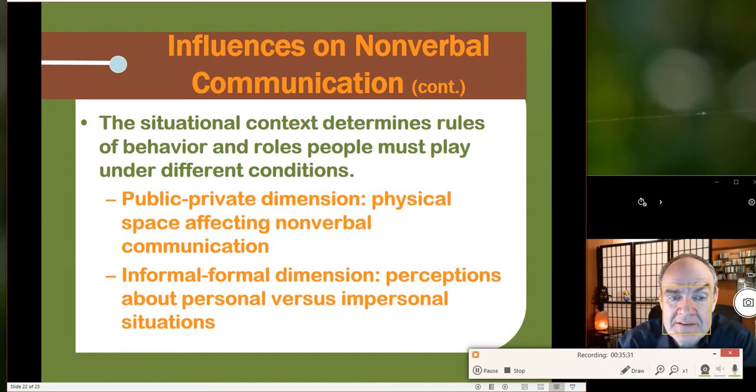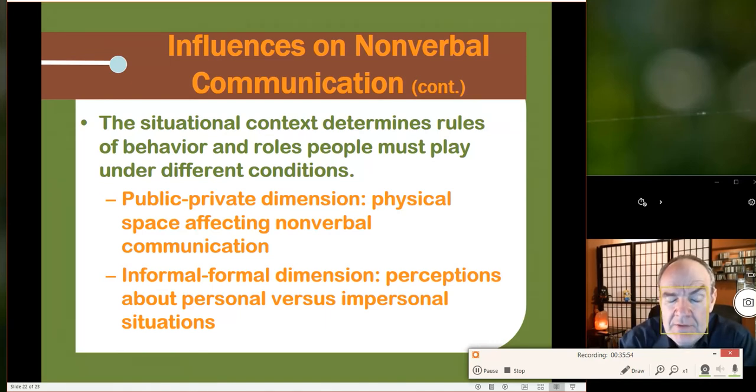So that physical space that you bring up, if you're in a bad mood, you're going to be like this, and people are going to feel that vibe and give you more physical space. It's all about the situation, the timing. Personal versus impersonal. The more personal it is, the more you're going to decrease that distance. You're going to be closer.